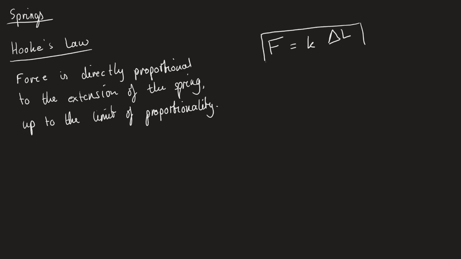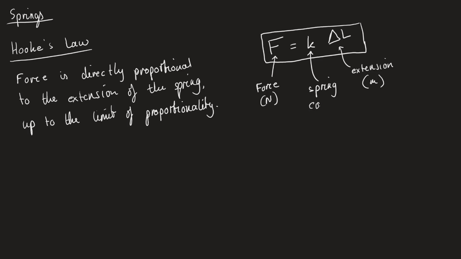So F is k delta L. This is Hooke's law, and this is in your formula sheet, where F is the force that acts on it. So force, which is obviously measured in newtons. Delta L is the extension, so the change in length that you have, that is measured in meters. And k is what we call the spring constant, which is measured in newtons per meter.